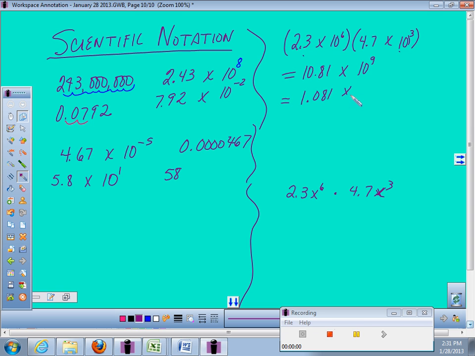But the question is, do I go up 1 or down 1? Rule of thumb: you went from 10.81 to 1.081. Did that make that number get bigger or smaller? Smaller. We just made that get smaller, so therefore your exponent must get bigger. If the coefficient got smaller, then the exponent has to go up 1, which would be 10 to the 10th.